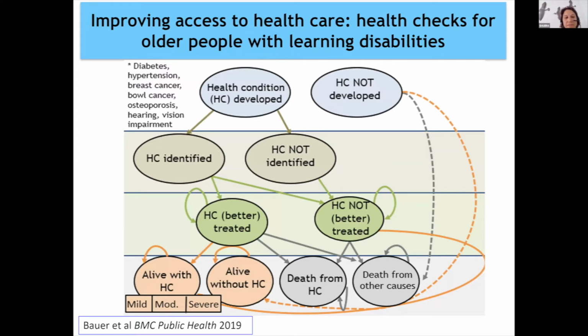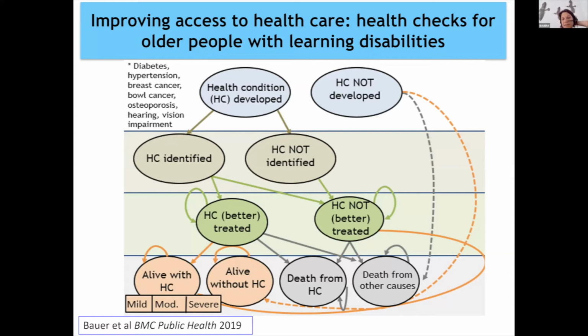So here you can see the model structure that we used in really simplified form. Basically, it's a hypothetical cohort that is offered annual health checks, or another cohort which is not offered annual health checks on a regular basis. The cohort of people enter each year with a certain probability into different health states.